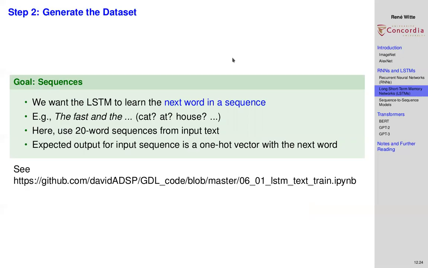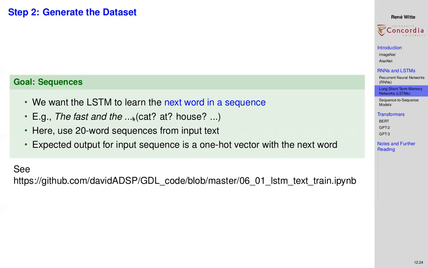So the goal is a sequence learning problem. We want the LSTM to be able to predict the next word in a sequence. So if we give it as a start, the fox, and then the network will predict what kind of word could come here. And just based on the learning samples, you know that certain words are a lot more likely to come here than other words.